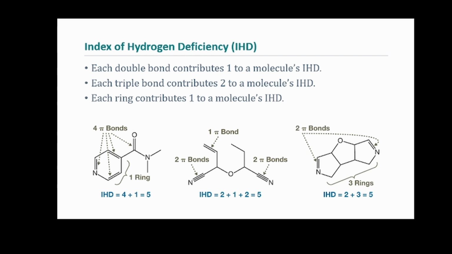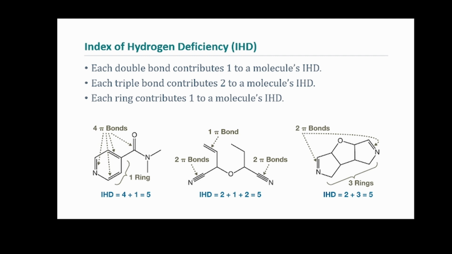Now, each double bond is going to contribute 1 to the molecule's hydrogen deficiency, right? And again, that's because each carbon involved in a double bond has lost how many hydrogens? 1, right? Can everybody understand that a double bond takes 1 hydrogen off each carbon involved in it? Each triple bond is going to contribute 2 to the IHD.